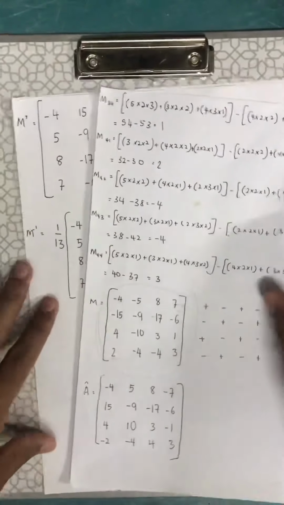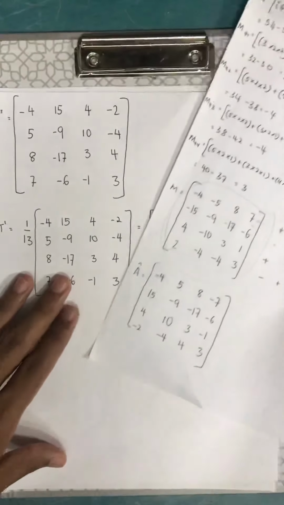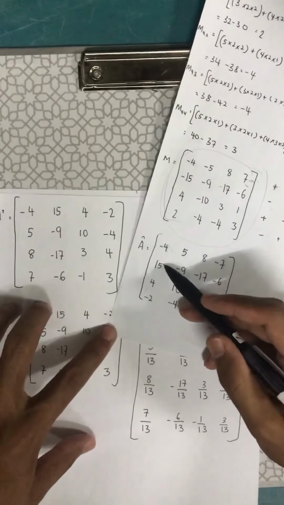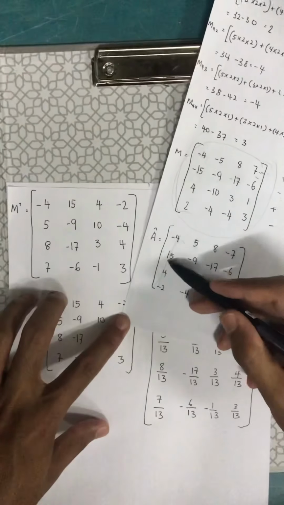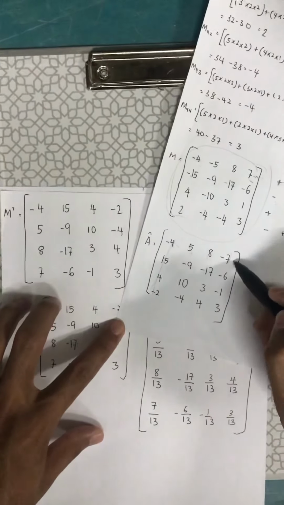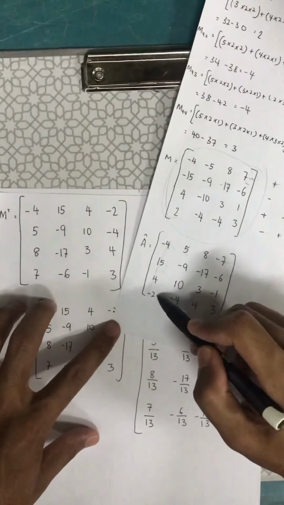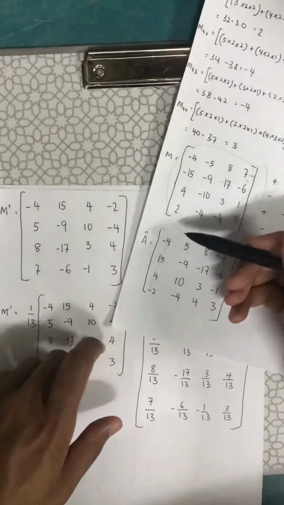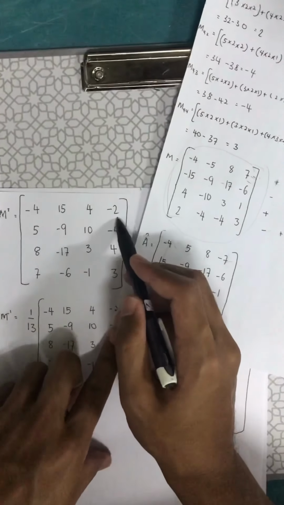So to adjoin this matrix, we have to change the row and the column. This first column, we have to change it to be the first row. So the first column is -4, 15, 4 and -2, and then we have to change it to be the first row. So it became -4, 15, 4 and -2.